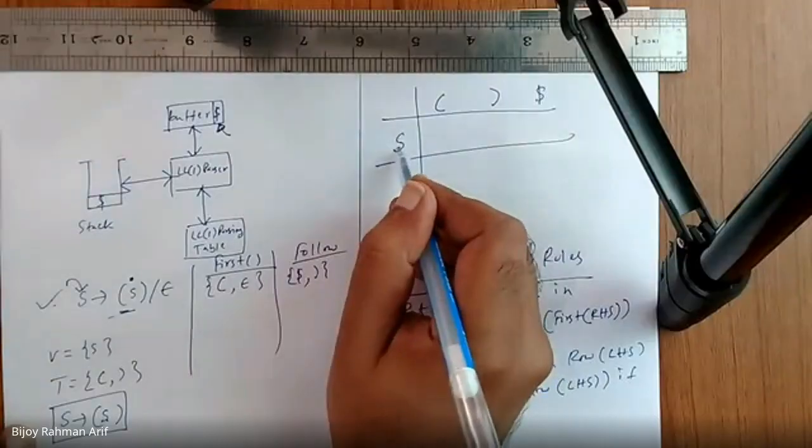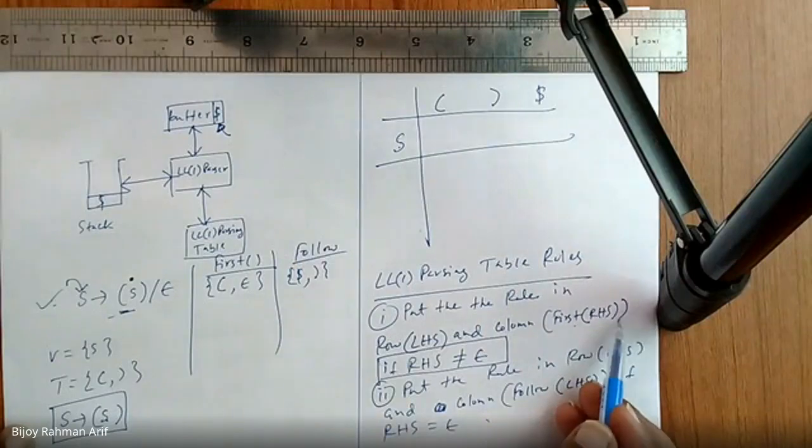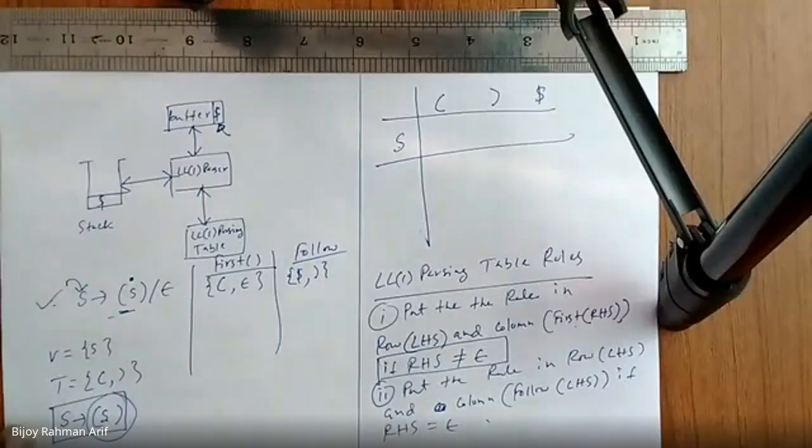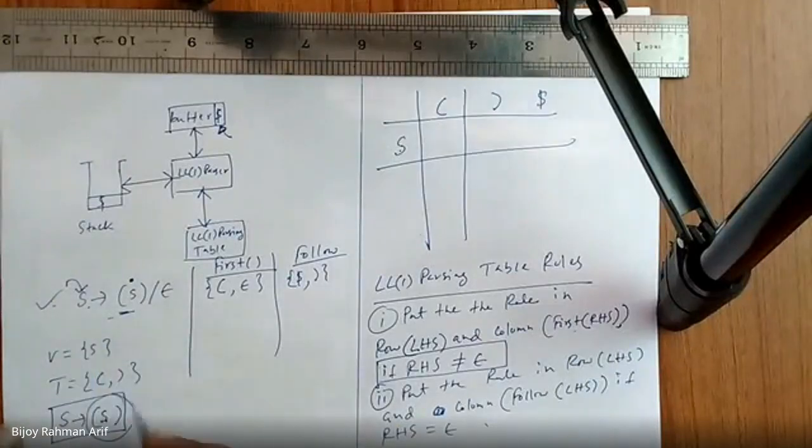So what would be the column? The column would be first of RHS. What is first of RHS? Open parenthesis. Not first of LHS, first of RHS.